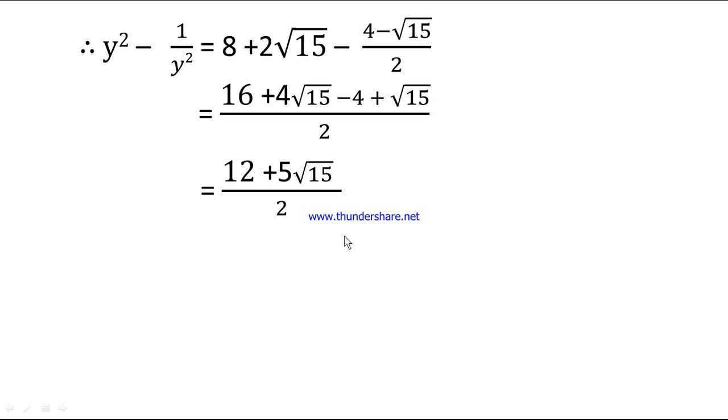So we have found the value of y square minus 1 by y square is equal to 12 plus 5 root 15 by 2. Answer.